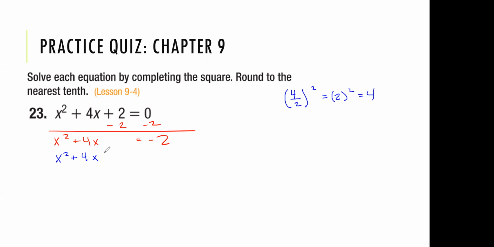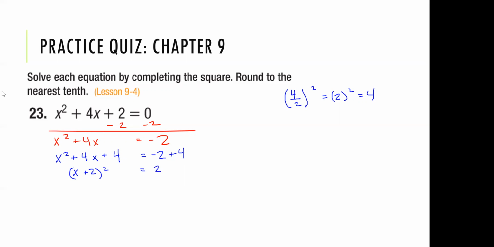So I'm going to be adding 4 to both sides of my equation. When I factor x squared plus 4x plus 4, I end up with a perfect square: x plus 2 squared, and then -2 plus 4 is positive 2.